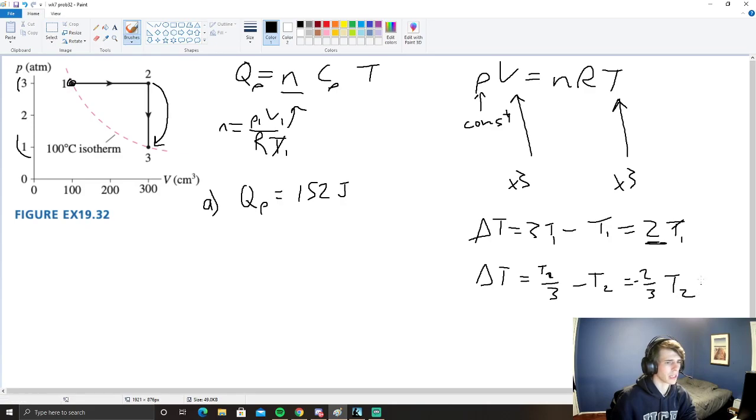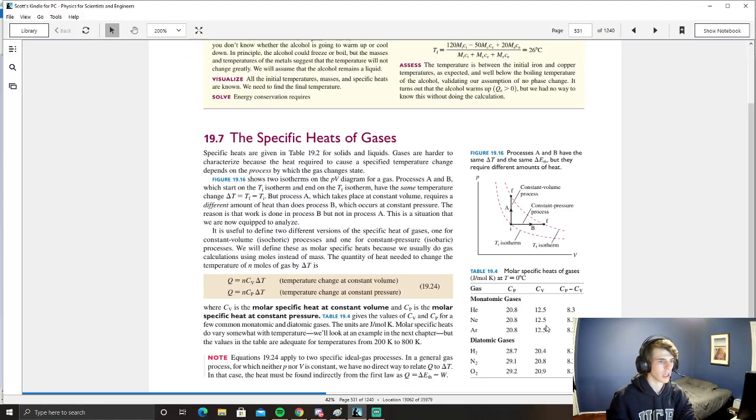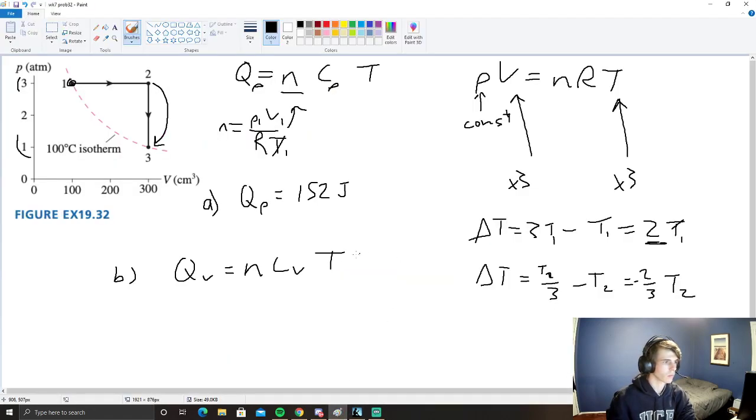Then you just plug this in along with the n, and this time for B, your Q is n CV delta T, and your CV would actually be 12.5. If you plug in 12.5, and then for this, you'll have to do pressure 2, volume 2, and then R will be the same.